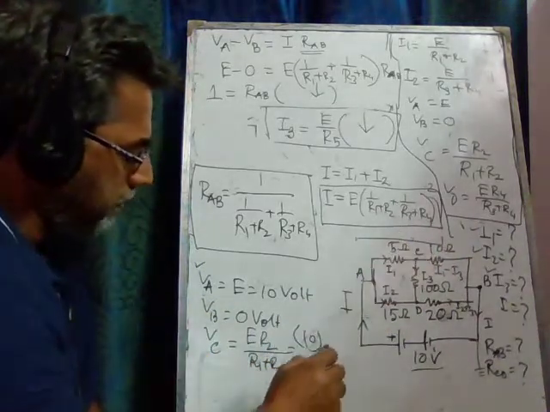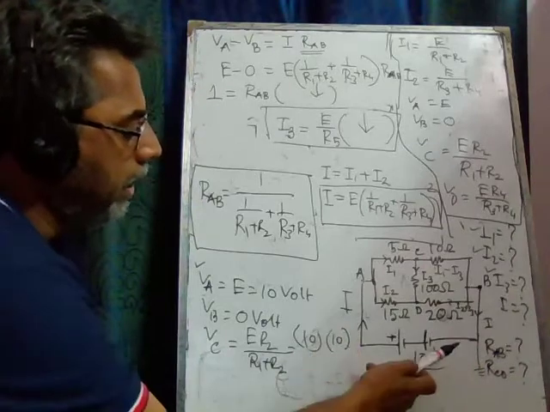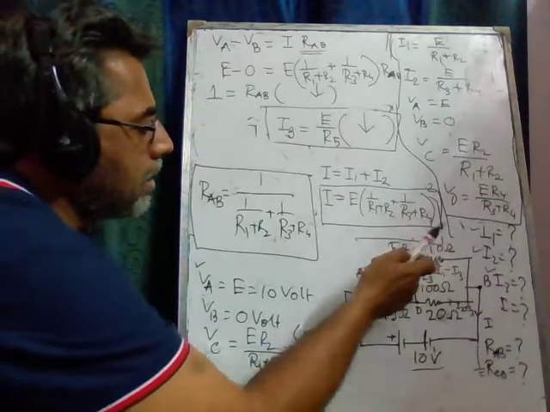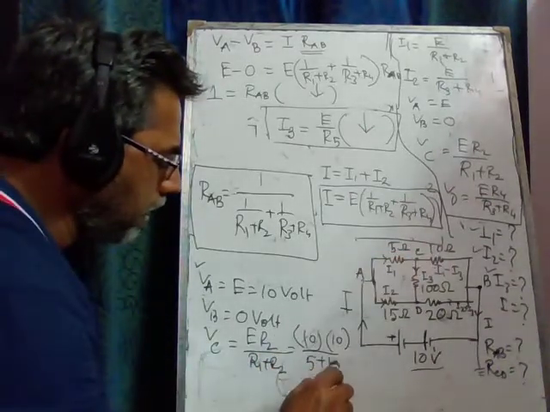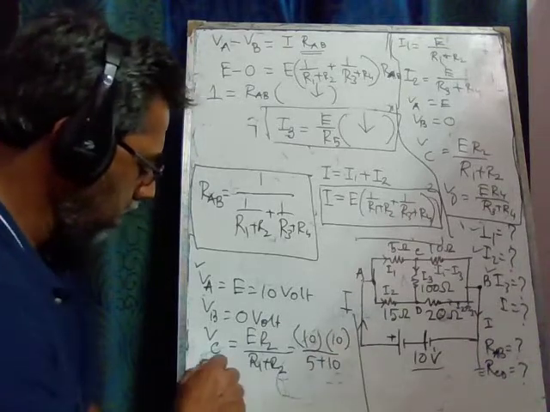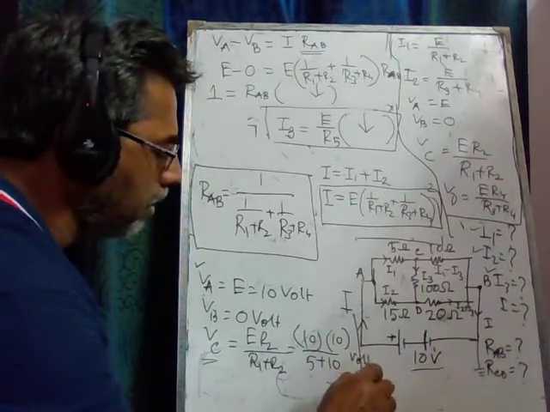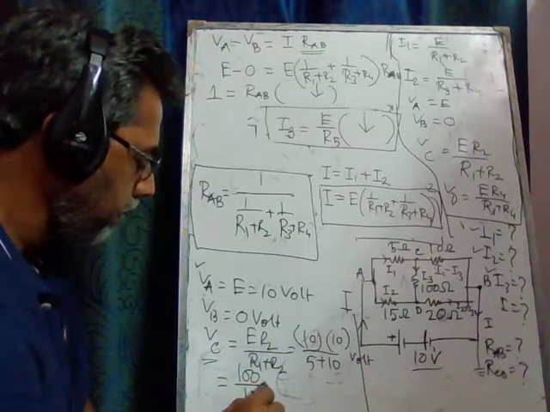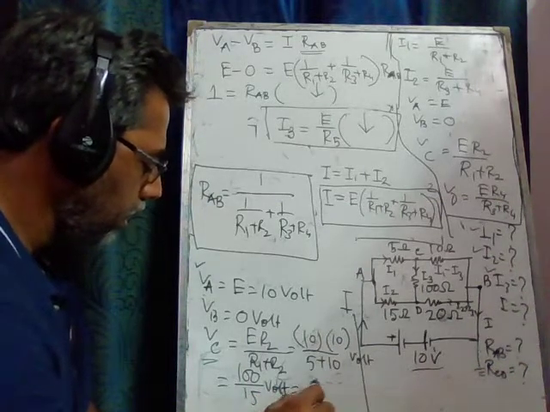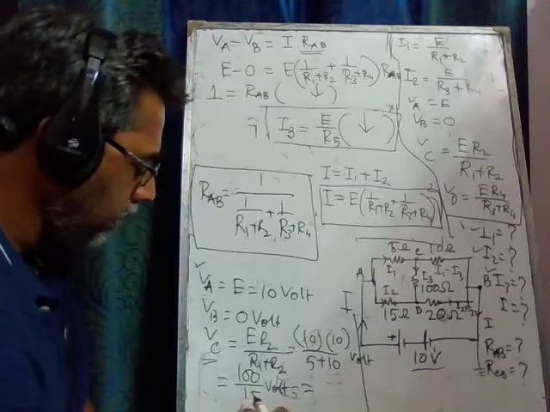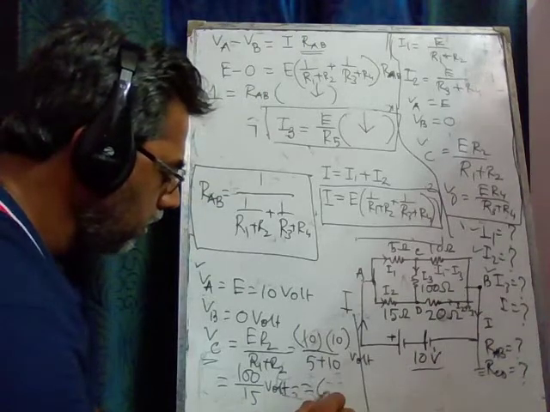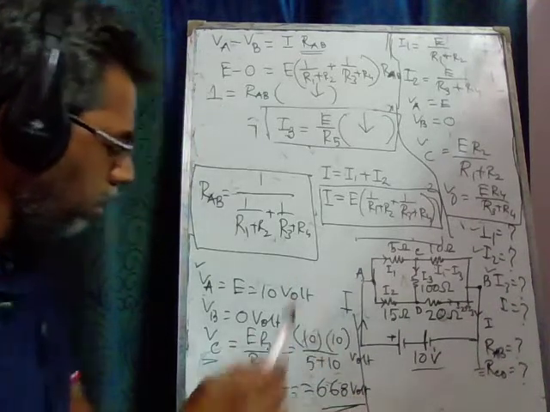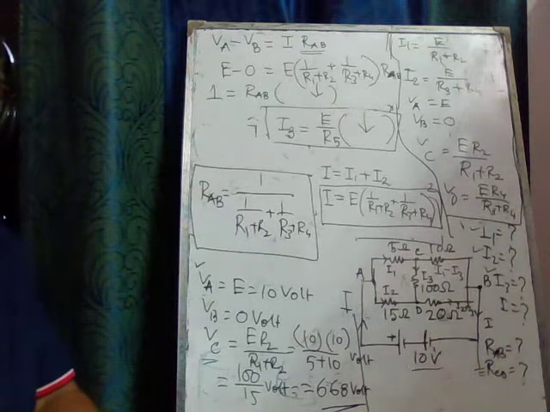So this must be 10 times 10, the EMF, and another 10 comes from this resistance, and we require the total resistance in this branch, that is nothing but 5 plus 10. The unit for VC must be volt. So this is 100 over 15 volt, which equals 6.68 volt. So we got VC. Clear? So VC is 6.6.